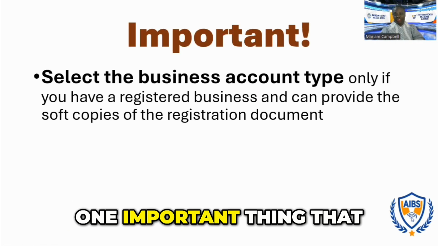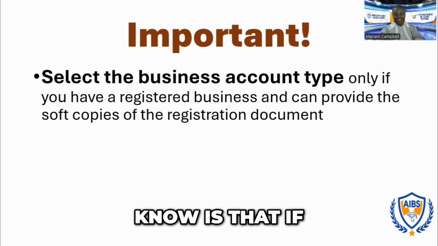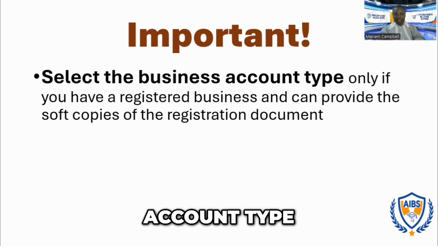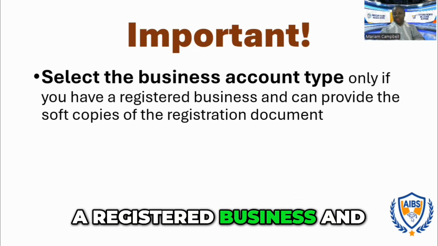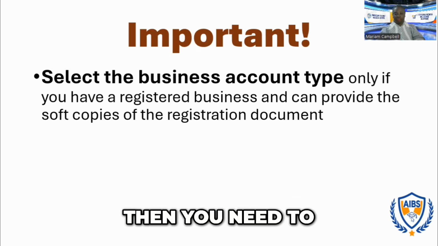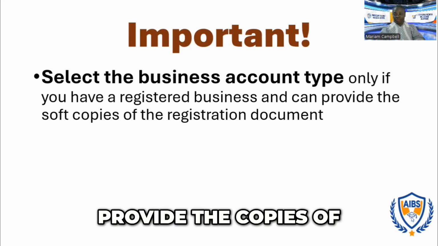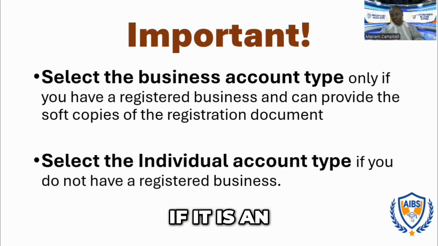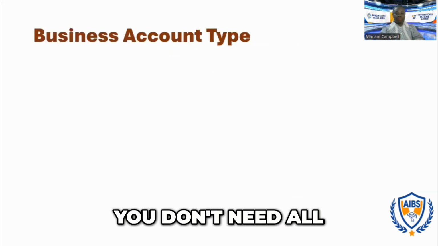One important thing you need to know is that if you select the business account type, you need to have a registered business, and you need to be ready to provide copies of your registration document as well. But if it is an individual account, you don't need all of that.